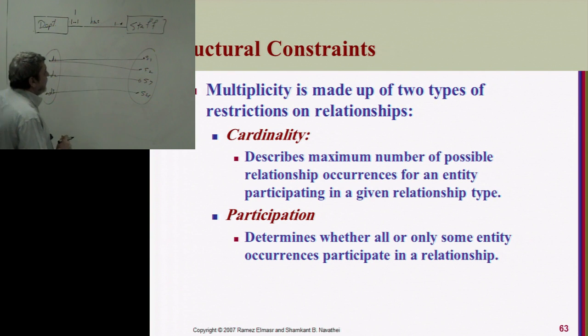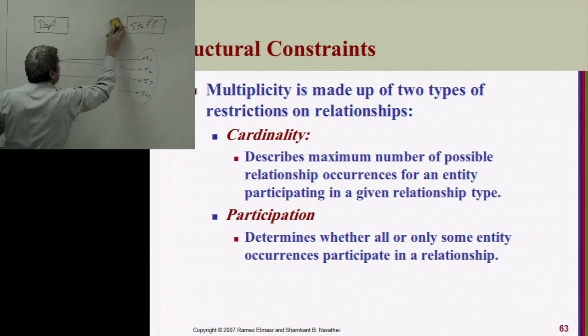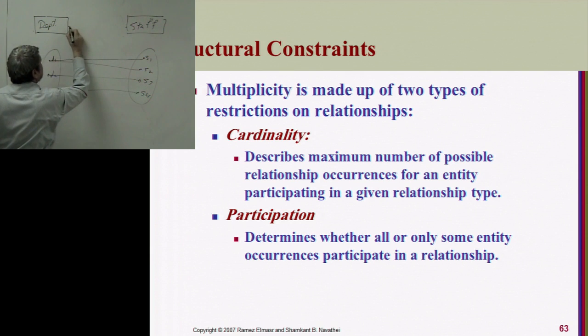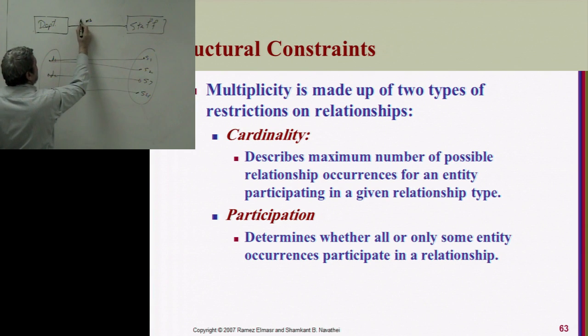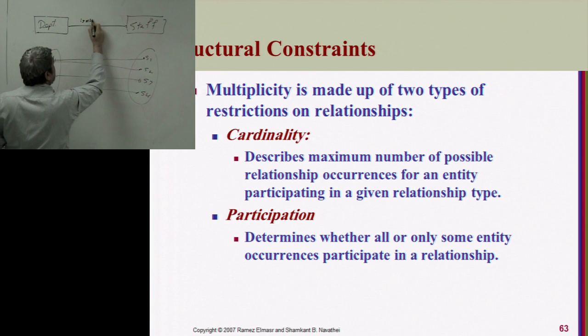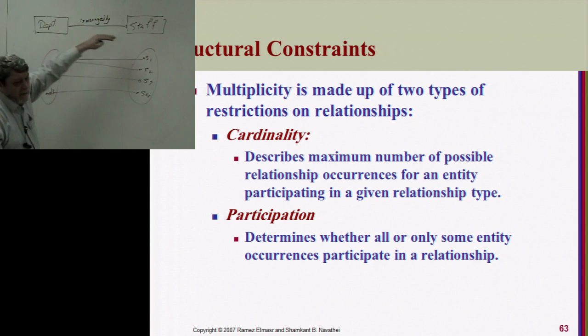Let's have another example. Instead of the relationship has, let's have another relationship, is managed by. Why? Because we read it this direction. So a department is managed by staff.